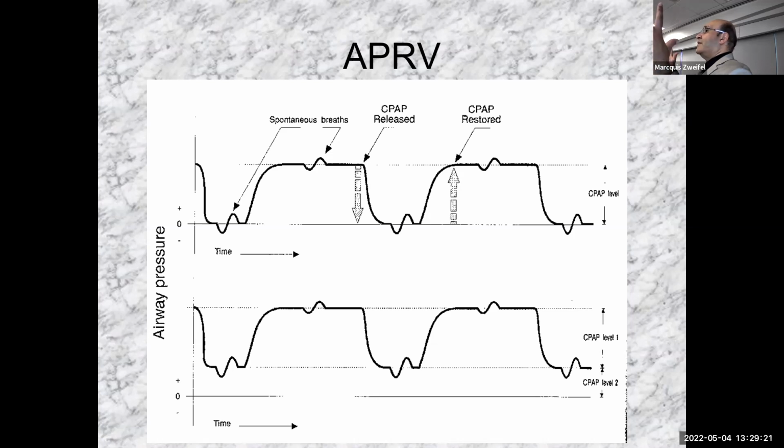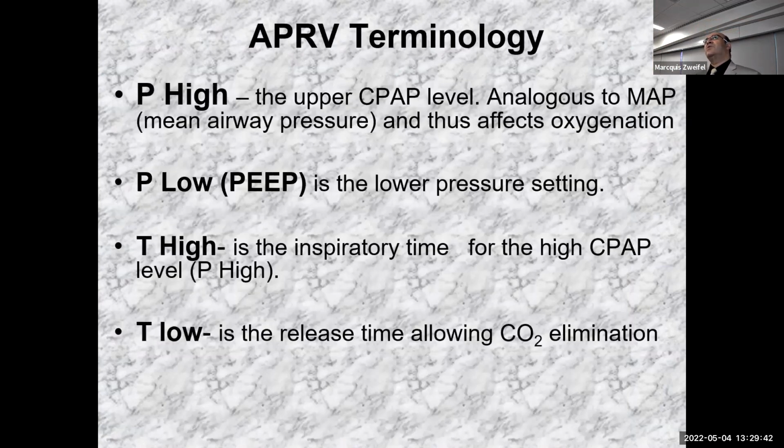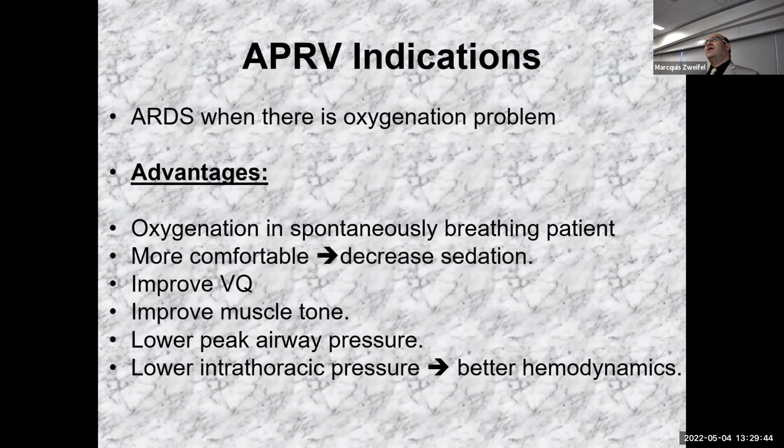Then you open them, then collapse, then open them again, collapse. We know from a lot of animal studies that this inflation and deflation of the alveoli causes lung injury. That's why we want to inflate them, keep them inflated, so we don't allow them to exhale completely.